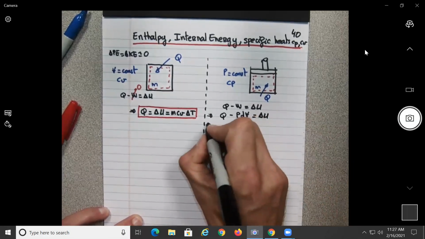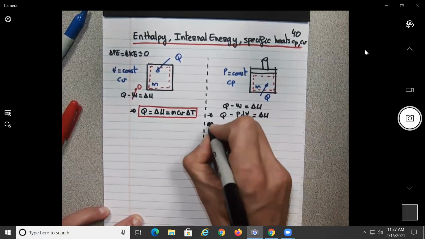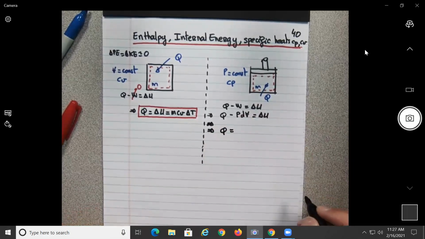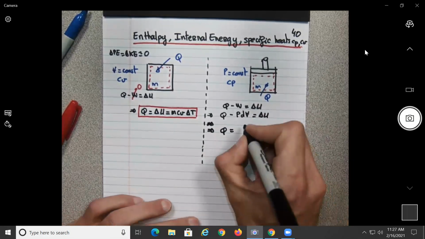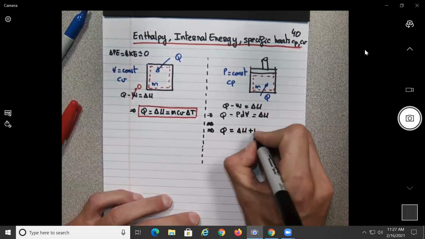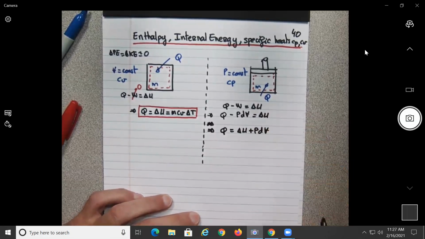So in this case, on the second case, you can see that the amount of heat added will be equal to the change in internal energy plus the work done by the pressure.